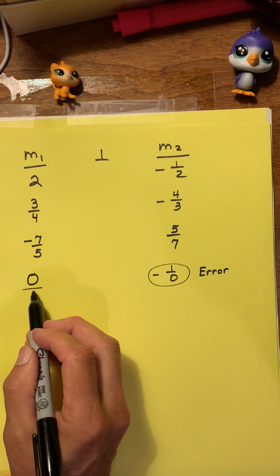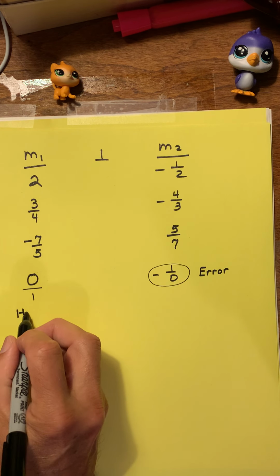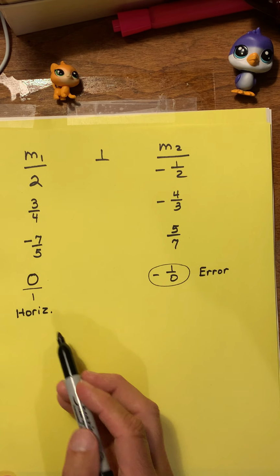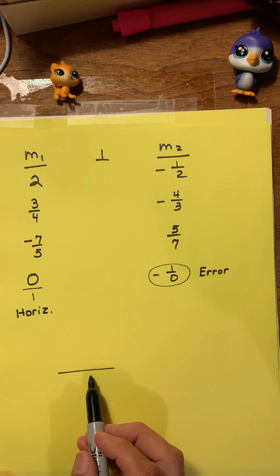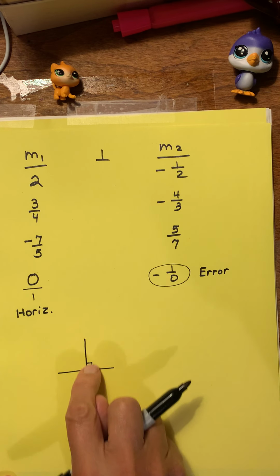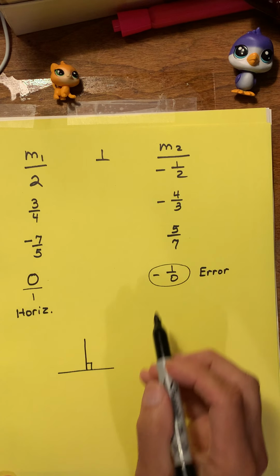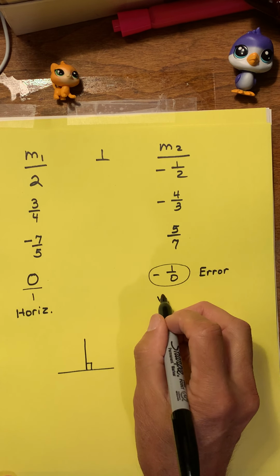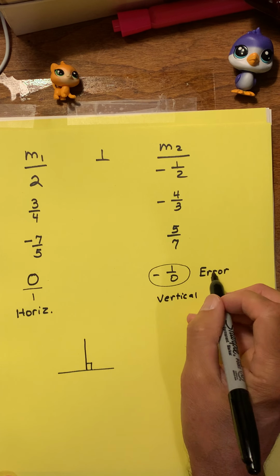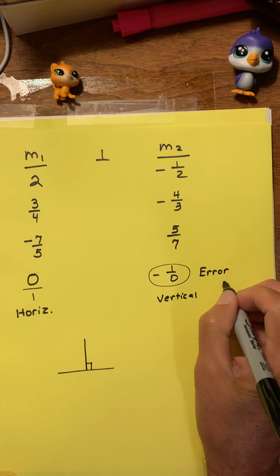This is a zero slope. What kind of line has a zero slope? Oh yeah, this is a horizontal line. And what kind of line is perpendicular to a horizontal line? Oh yeah, a vertical line. And what's the slope of a vertical line? Undefined.